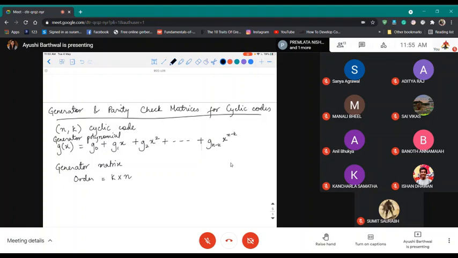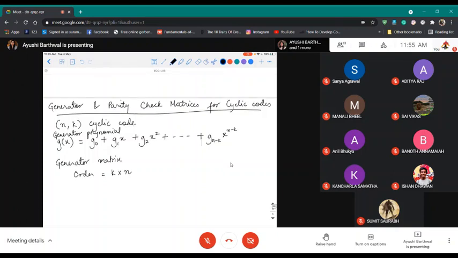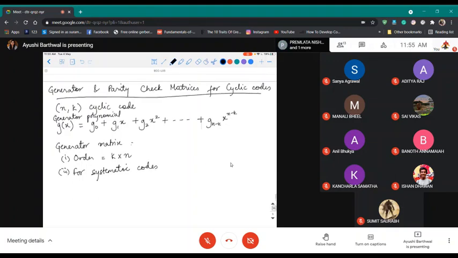So the order of the generator matrix is k cross n. And for systematic codes, we write the generator matrix in the form [I_k : P] or in the form [P : I_k]. So this is how we represent the generator polynomial and generator matrix.